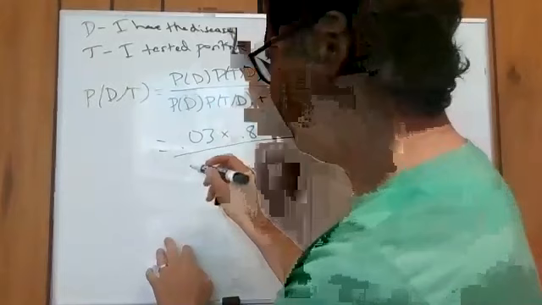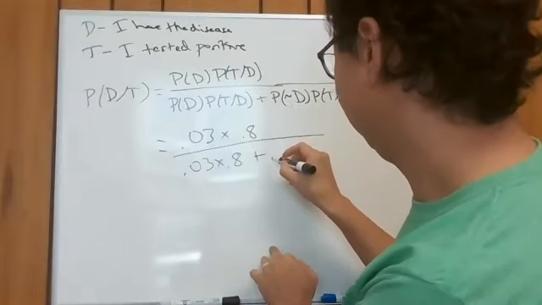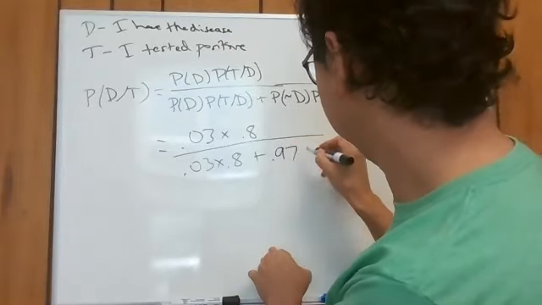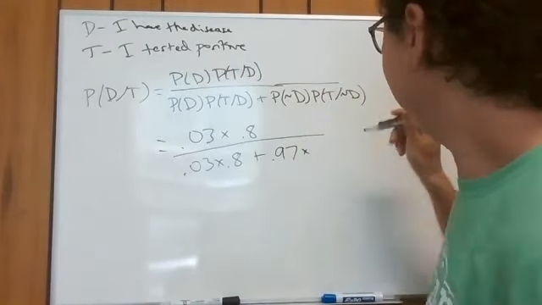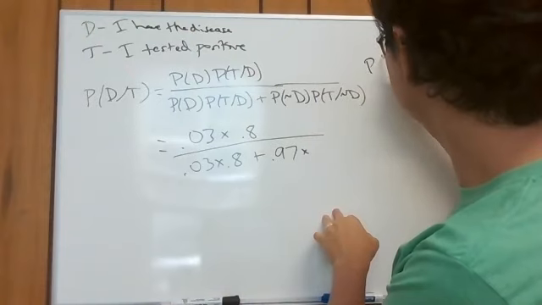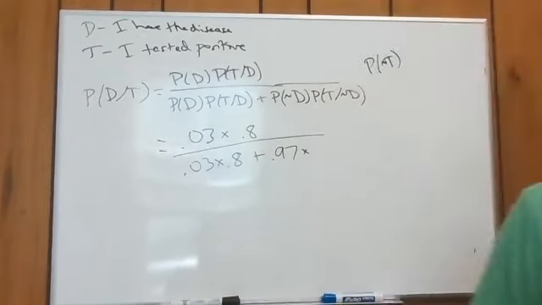70% of the time it correctly says you don't have the disease if you don't have it. Okay, actually, let's do the probability of not D first. Your prior probability that you do have the disease was 0.03, right? Then the prior probability that you don't have the disease is going to be 0.97.